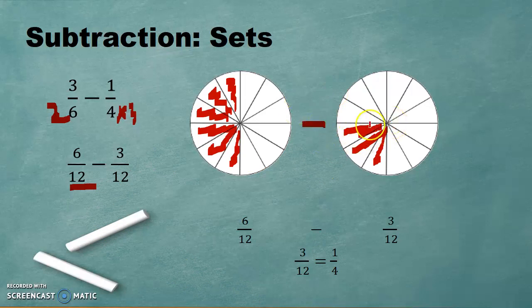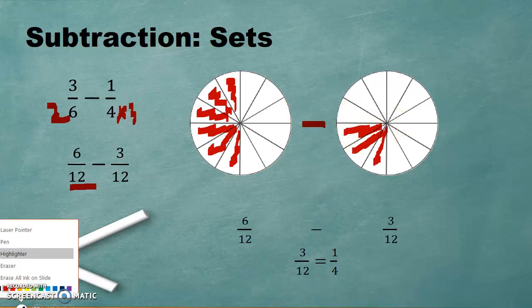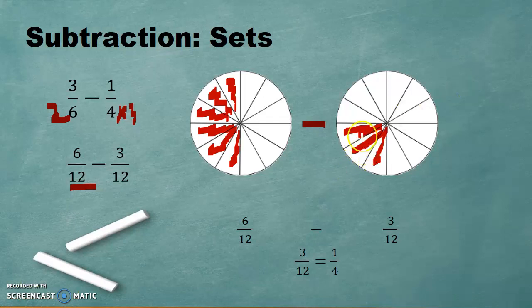So if you notice over here, if you subtract 3/12 from 6/12, this is the equivalent of subtracting 1/4 from 3/6. 3/6 is 6/12, so we have 6/12s over here. So we are going to subtract these over here.